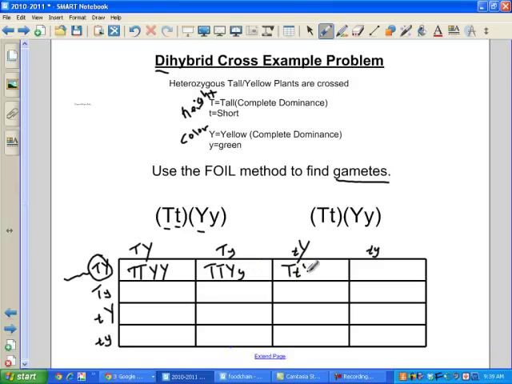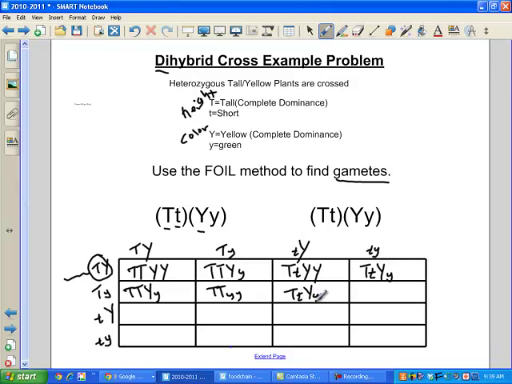Big T, little t, big Y, and big T, big Y, little y. That's the first set of possible combinations. Then we go down here, big T again, big Y, little y. We always want to put the big letter first if there's a choice. Big T, and little y, little y.